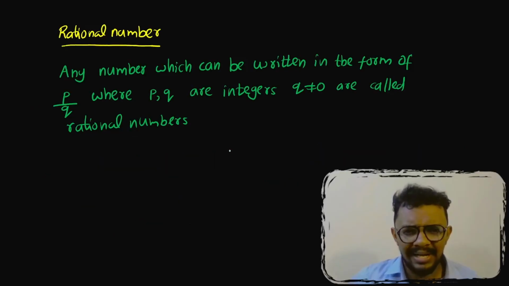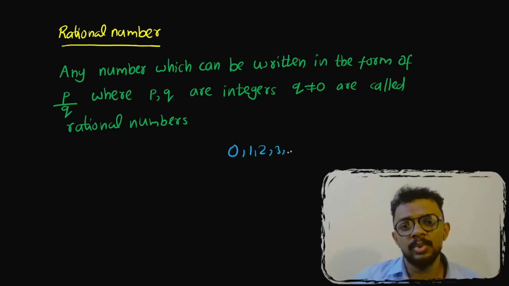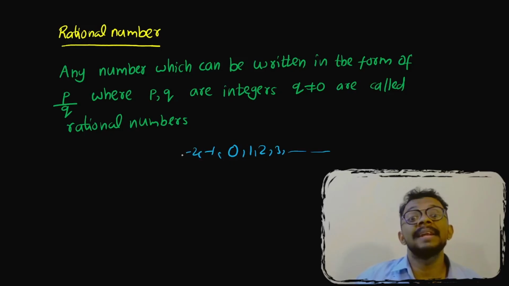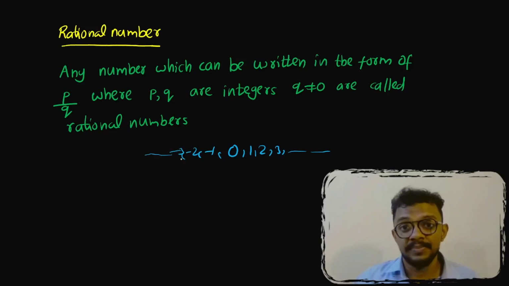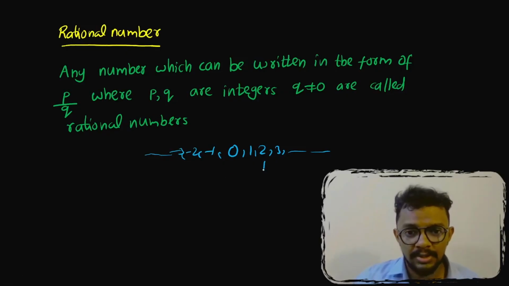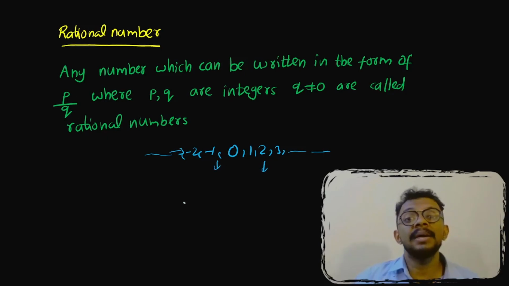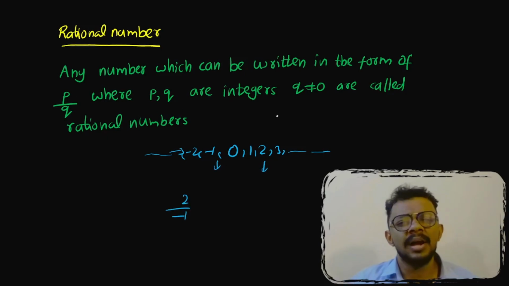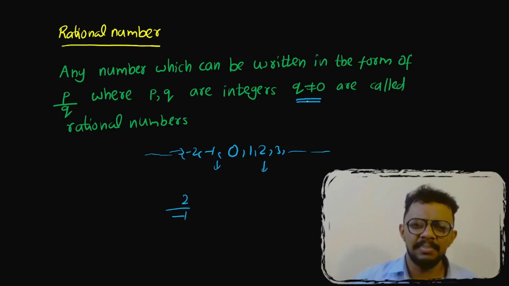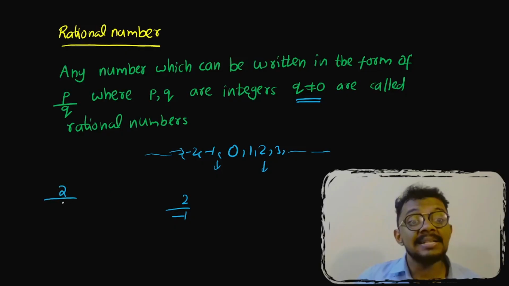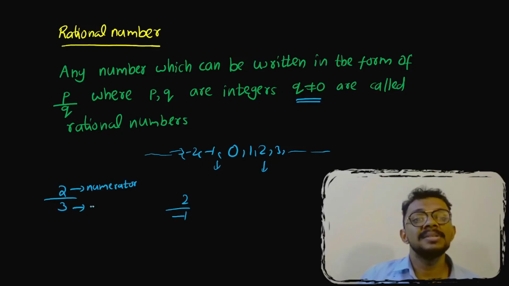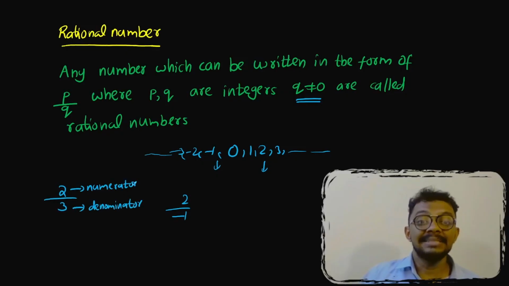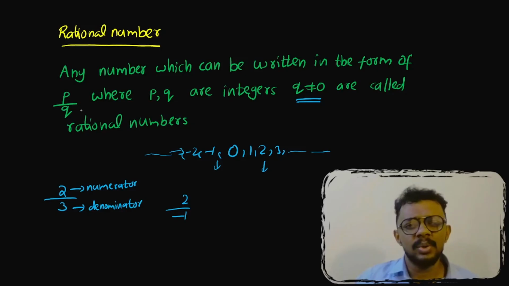For example, I know what integers are: 0, 1, 2, 3, etc., minus 1, minus 2, minus 3, etc. So if I consider two integers p and q, maybe 2 and minus 1, then p by q, 2 by minus 1, is a rational number. Now, what does q not equal to 0 mean? In p by q, the upper part is called the numerator and the lower part is called the denominator.